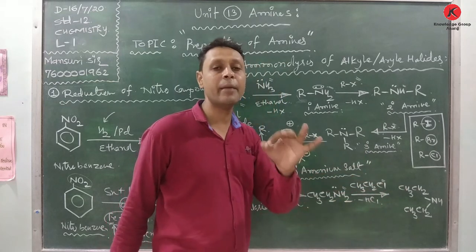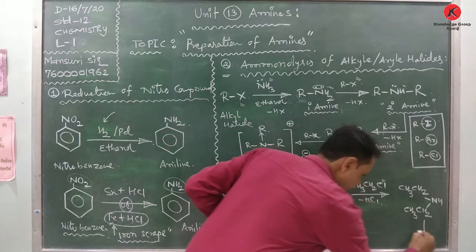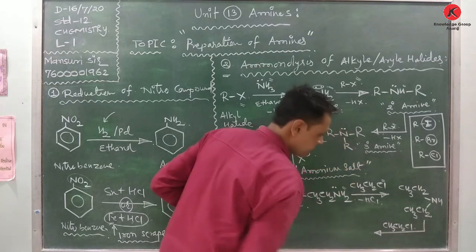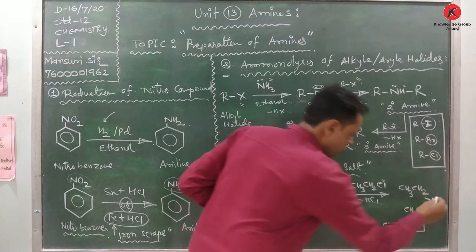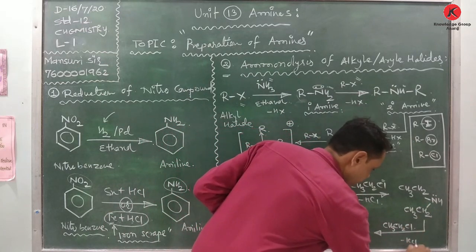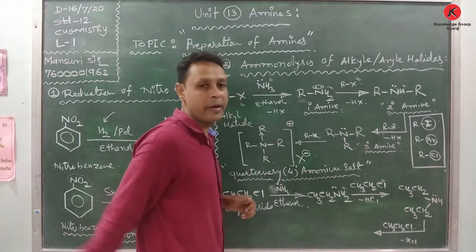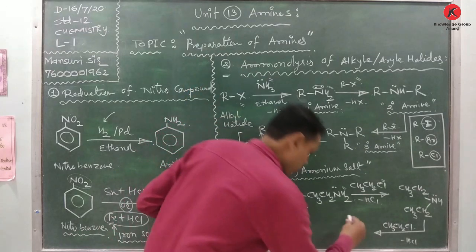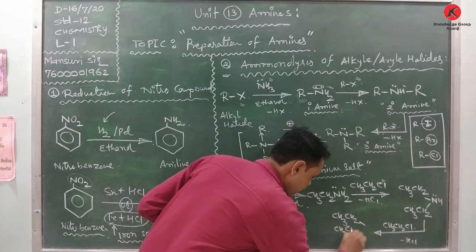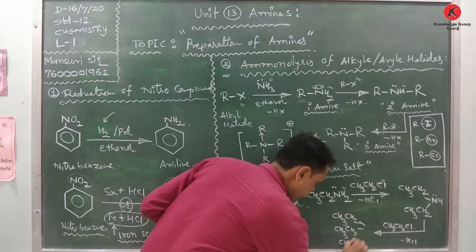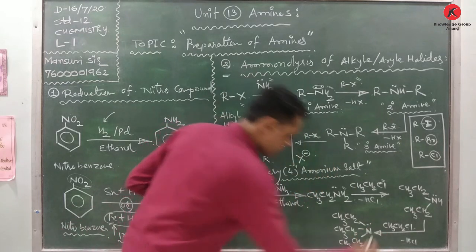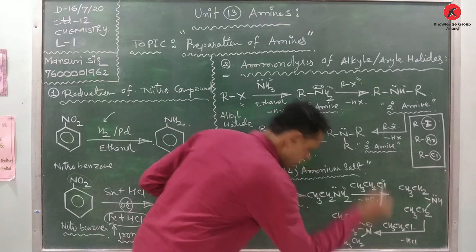That is why secondary amine is obtained. Thereafter excess ethyl chloride is to be taken. Then the secondary amine is also a nucleophile. That is why H and Cl will be removed and forms tertiary amine like triethylamine. So we can obtain CH3CH2, CH3CH2, CH3CH2, and N is common. So it is my tertiary amine.